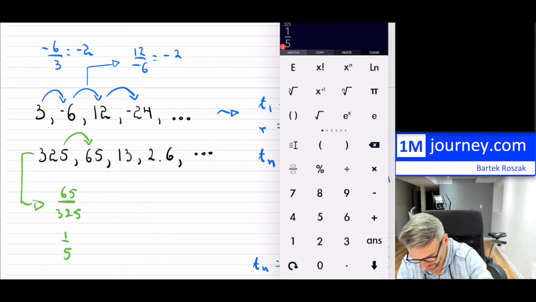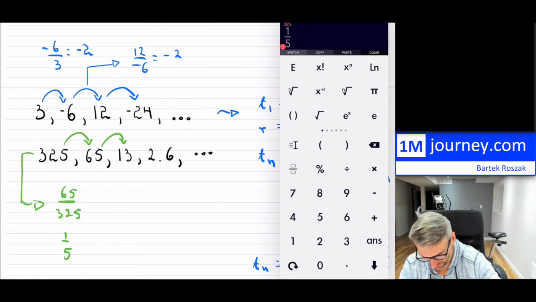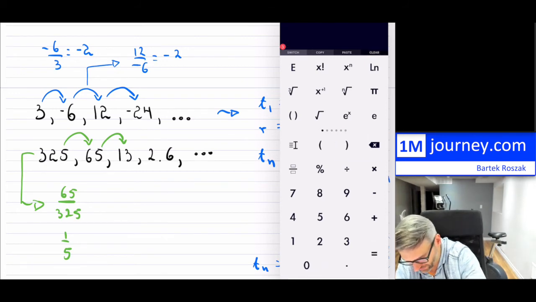Now going from here to here, probably that's 1/5 as well. So let's say, well, 13 times 5, yeah, that's 65. So it looks like it's basically 1/5. And then here it's going to be 1/5.